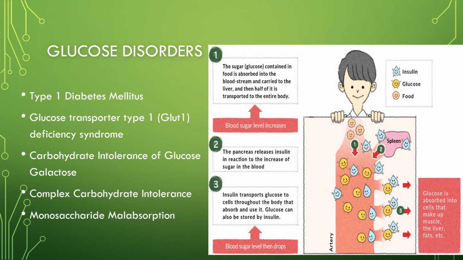Okay, then we have carbohydrate intolerance of glucose-galactose. That's just another area where there's an issue with carbohydrates being broken down, and then glucose cannot be made because of that intolerance. And then complex carbohydrate intolerance is somewhat similar to carbohydrate intolerance of glucose-galactose. Okay, and then monosaccharide malabsorption.